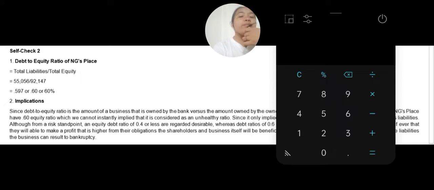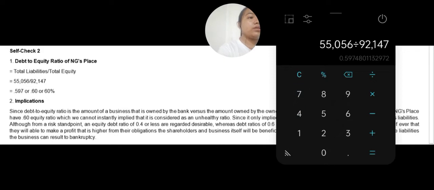There, as you can see, is the process on how we get the debt to equity ratio of Inches Place. We divide the total liabilities, which amount to 55,056 pesos, by the total equity of 92,147 pesos.